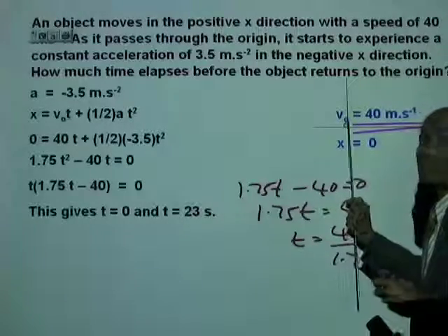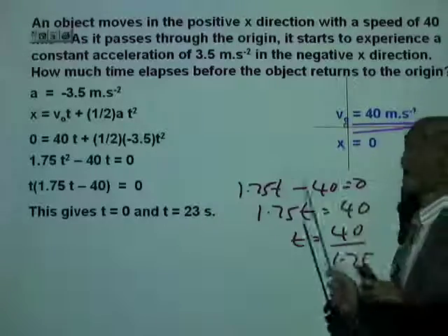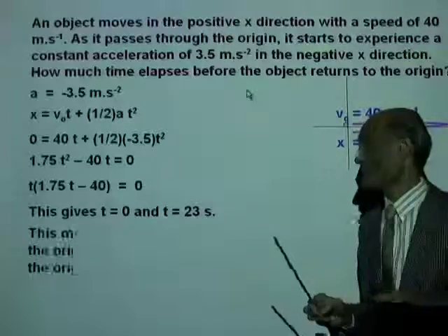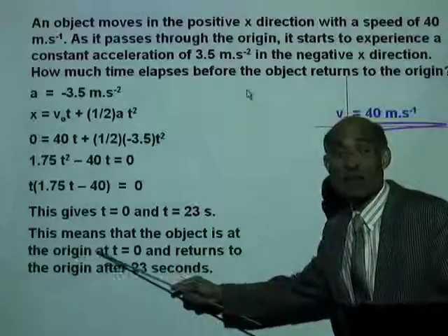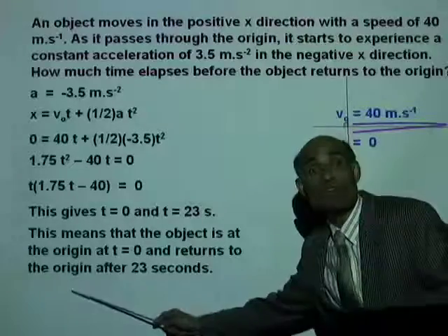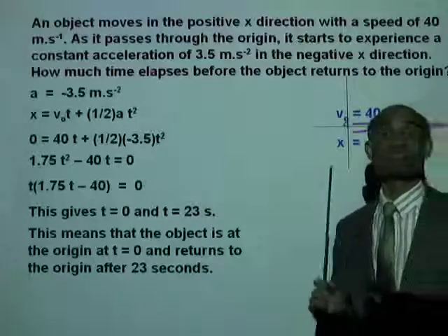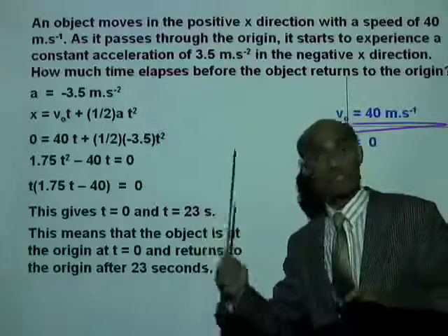That means that 23 seconds is the time taken to go to the right and come back. Okay. So this means that the object is at the origin at t equal to 0 and returns to the origin after 23 seconds. That's a very good problem. Practice that.